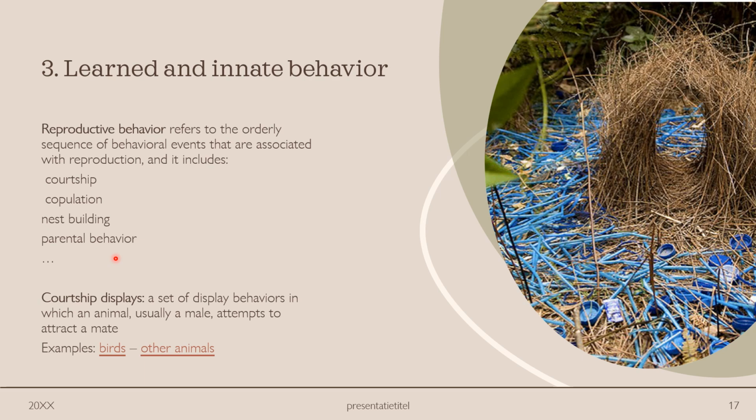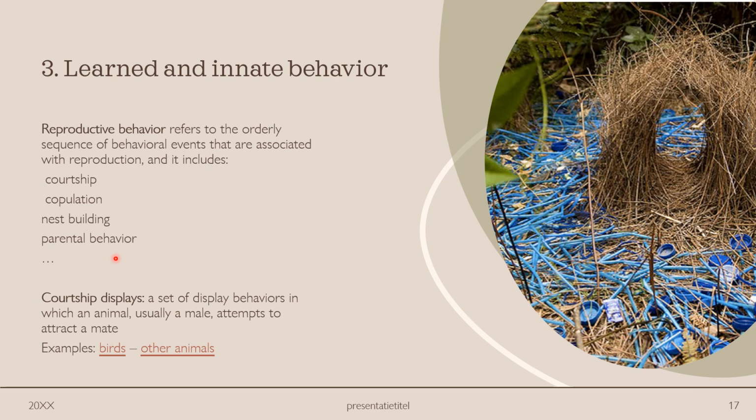So this kind of behavior is a very special type of behavior. It also counts as reproductive behavior because it's behavior to make sure the offspring will last and can hatch and there will be no problem with it.